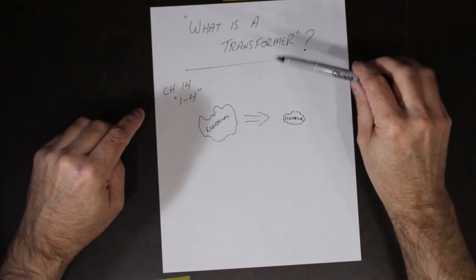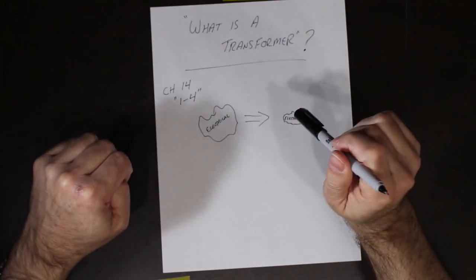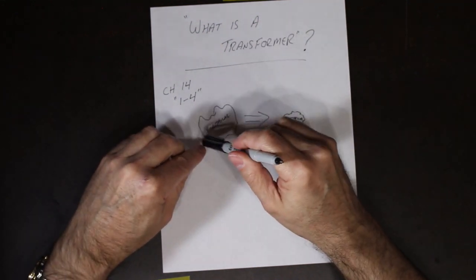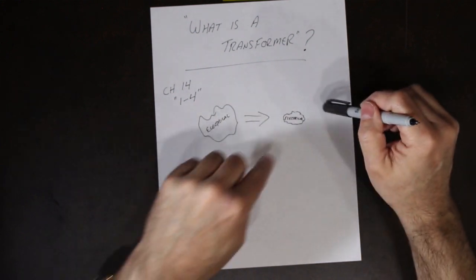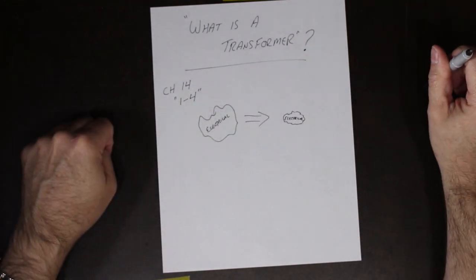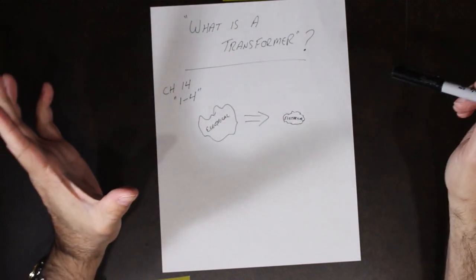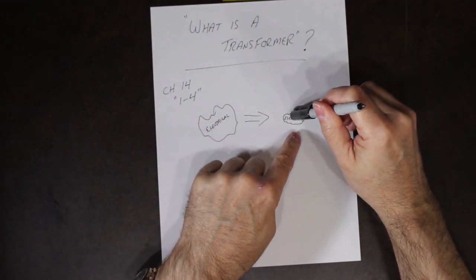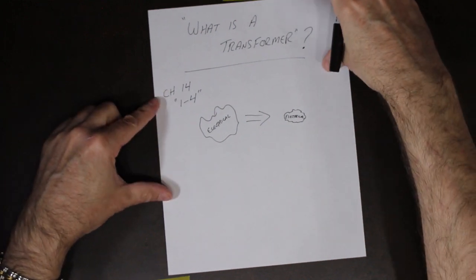So in our case, the transformer is changing the electrical properties from one form to another form, still remaining electrical. This energy is somehow converted into this energy. And what we're going to do is take a look and see how this actually works.